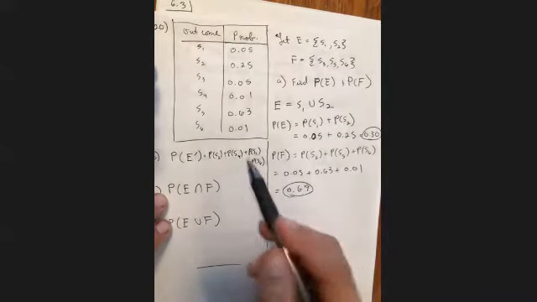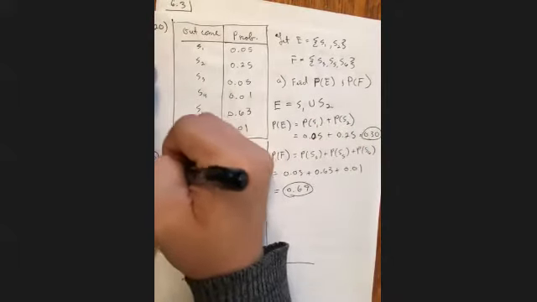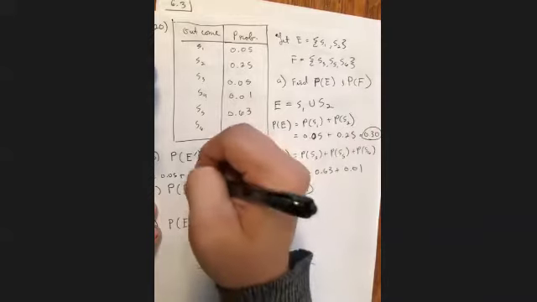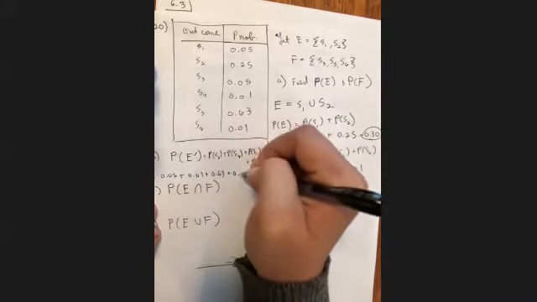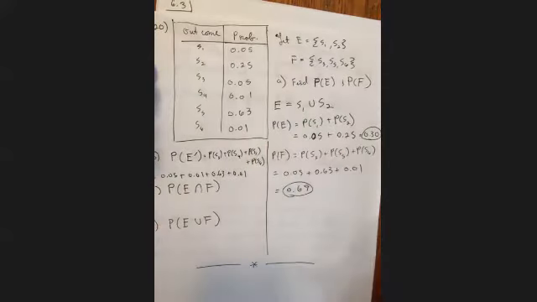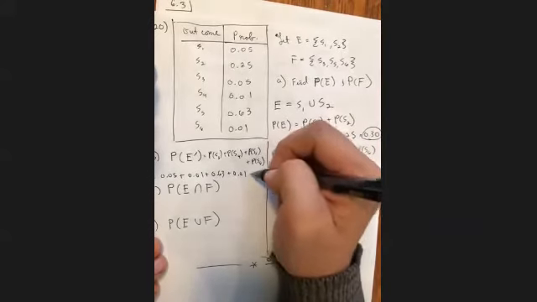So that's everything that's outside of E. So we add up all those numbers. That's 0.05 plus 0.01 plus 0.63 plus 0.01. And what are we going to have? This looks like 0.70.